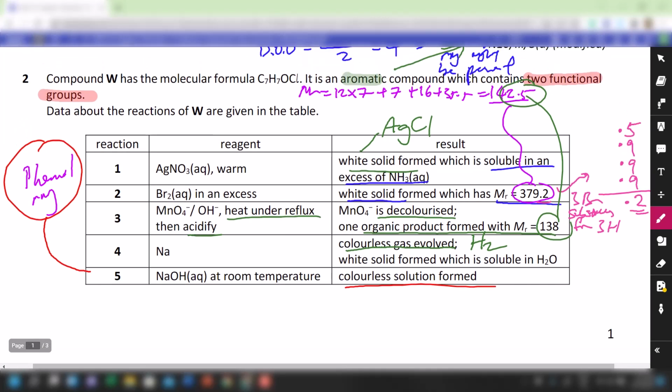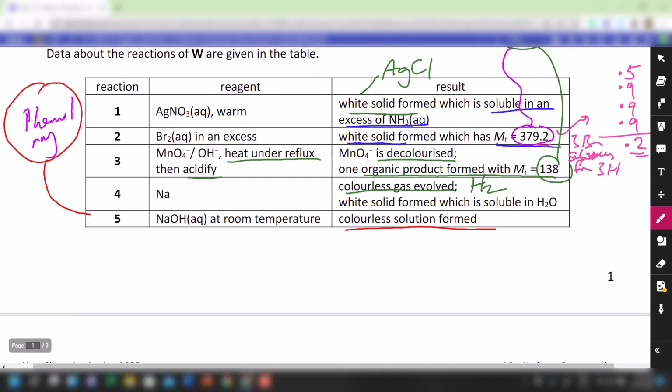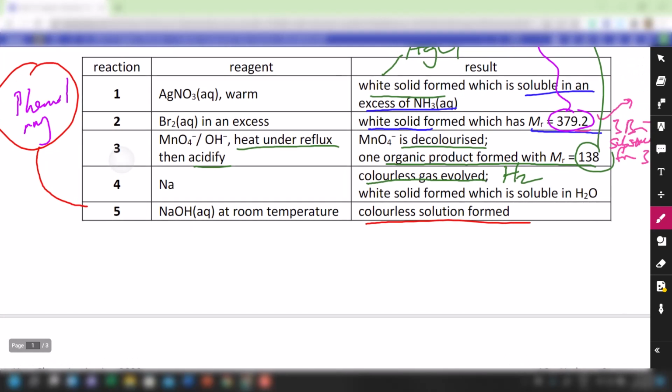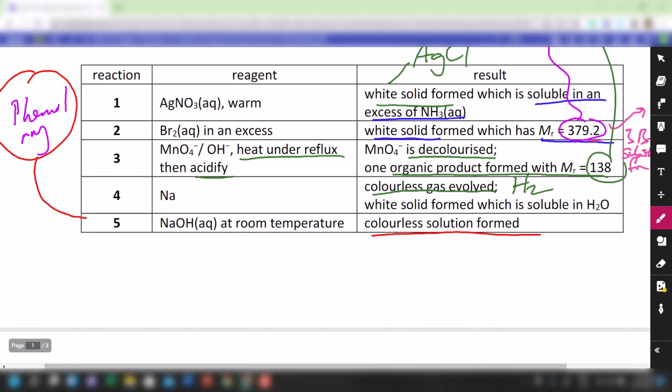Earlier on we sort of tried to sketch out a picture of our unknown, but we didn't quite draw it out, so we can attempt to draw it over here. We know we have a phenol ring, and the question to ask yourself is whether it is likely to be mono, di, or tri-substituted.